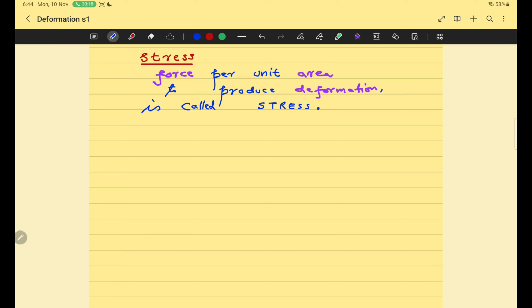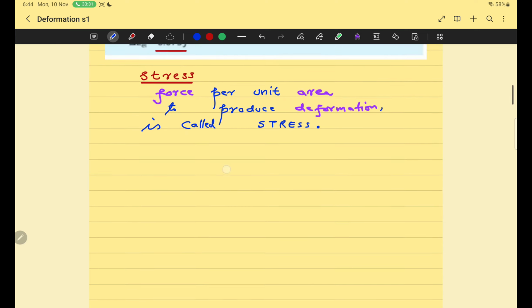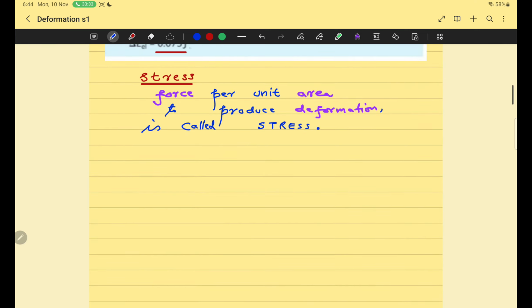So stress is a physical quantity just like pressure, but stress produces deformation. And the formula is written in the same way. Stress is equal to force per unit area, and we have a symbol for stress.